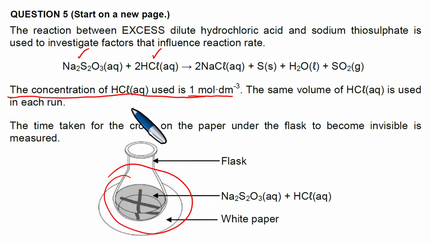The concentration of HCl used is 1 mole. So the sodium thiosulfate is a limiting reagent, or limiting reactant, because the HCl is in excess.